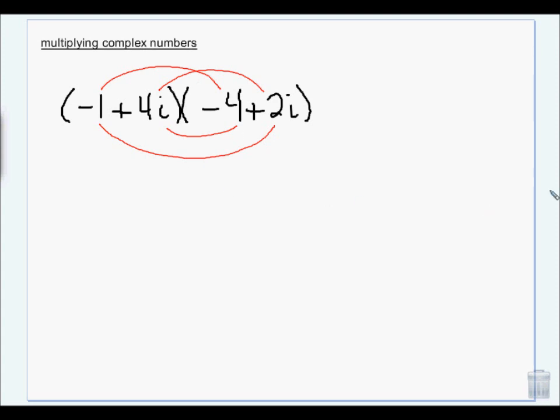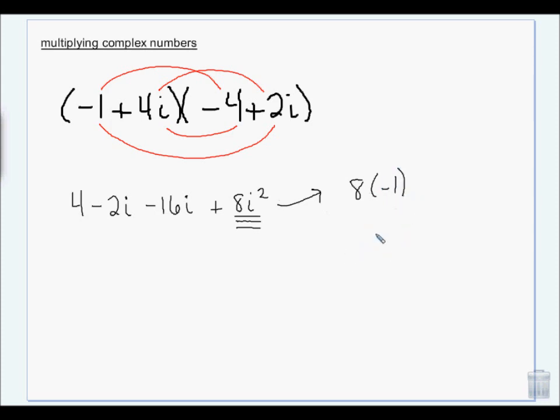So I have negative 1 times negative 4, so that's positive 4. Negative 1 times 2i, so that's negative 2i. You just multiply the number times the number. Negative 4 times 4i, so that's negative 16i. And then 4i times 2i, 8i squared. 8i squared is 8 times negative 1.